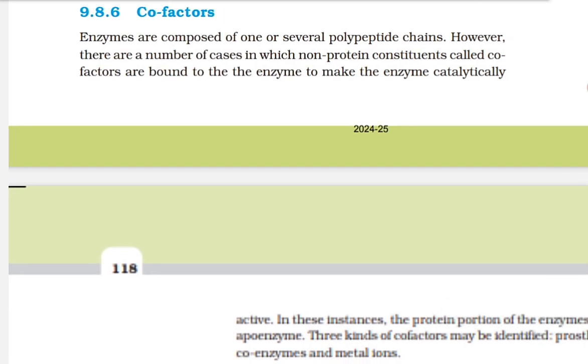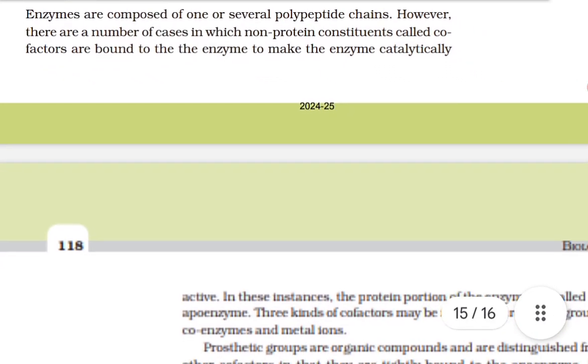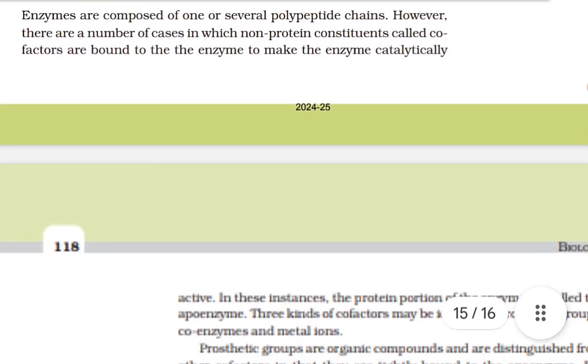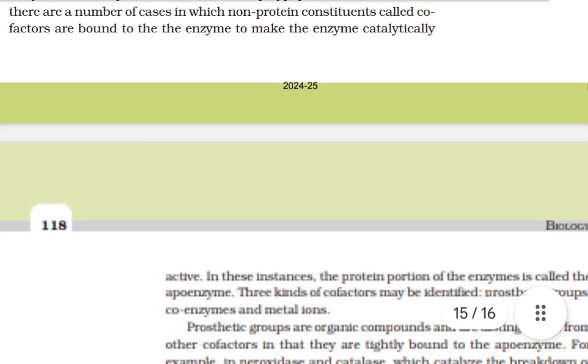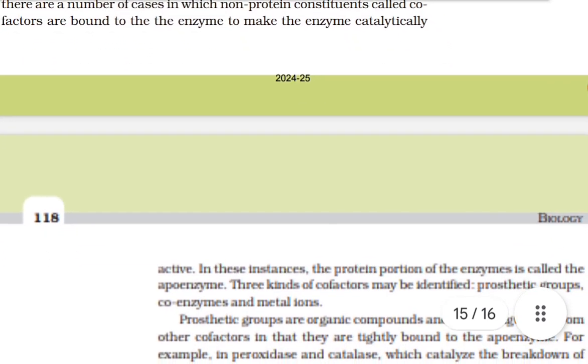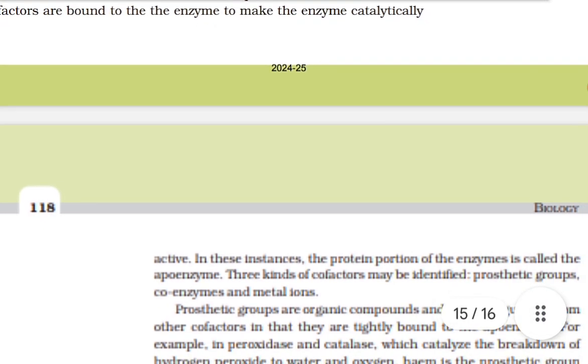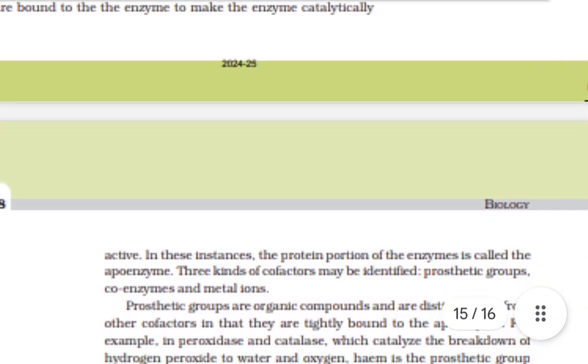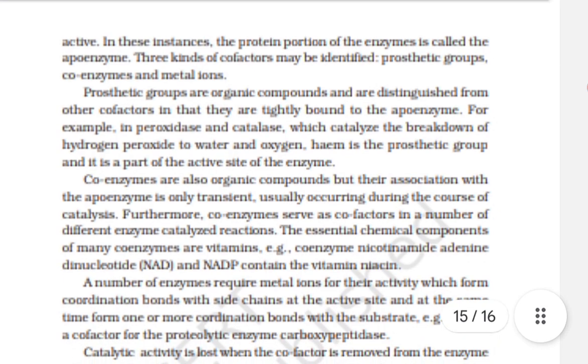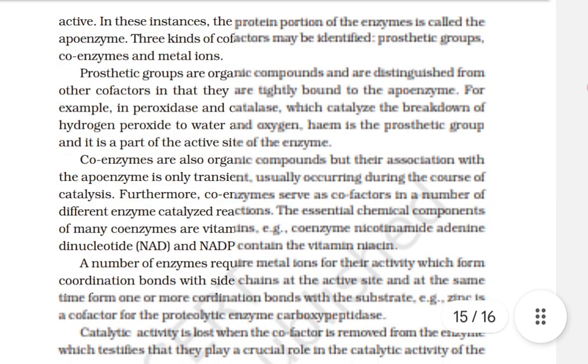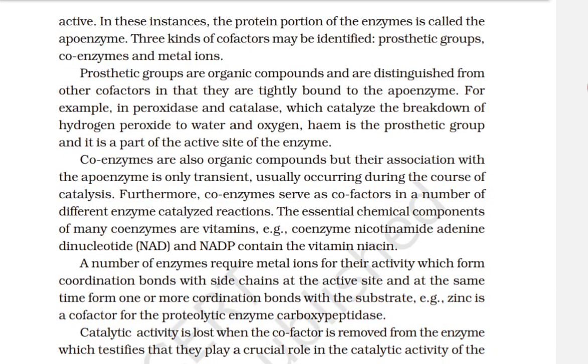Enzymes are proteins which catalyze biochemical reactions in the cells. Ribozymes are nucleic acids with catalytic power. Proteinaceous enzymes exhibit substrate specificity and require optimum temperature and pH for maximal activity.